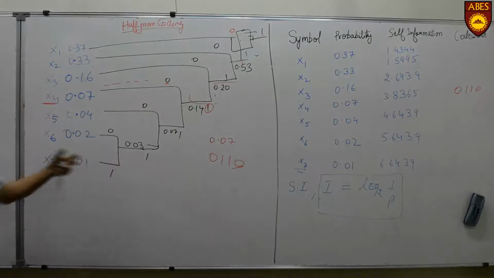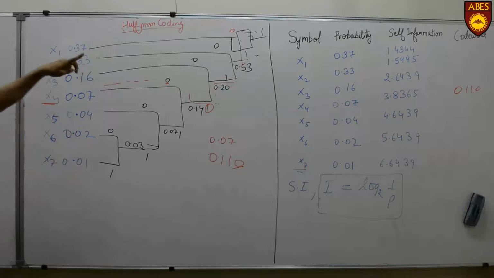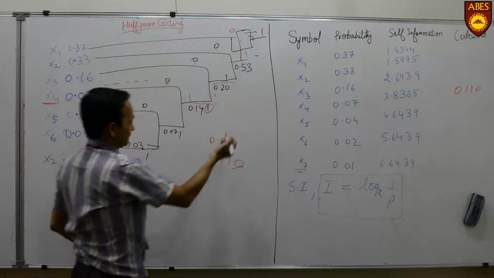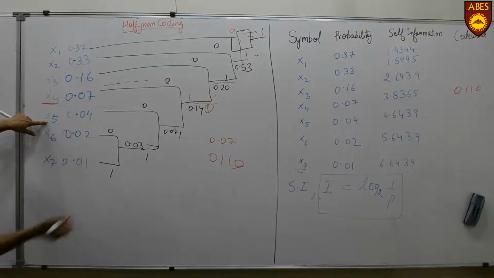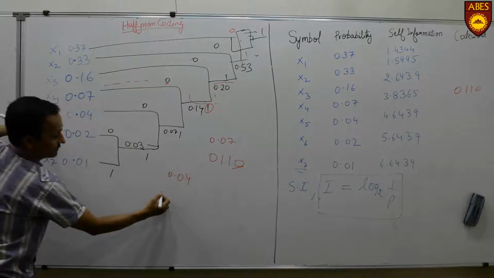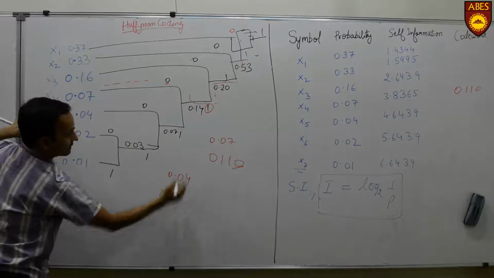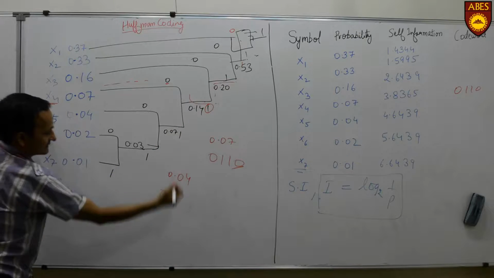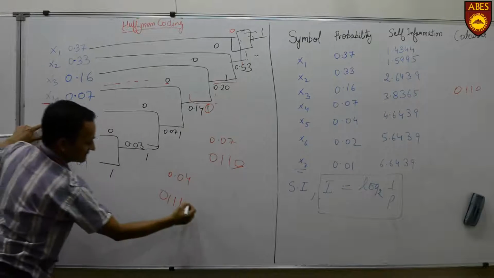Like this, if we have to take 0.04, 0.02, 0.01, we have to start from the rightmost 0. Take for example this 0.04: we start with 0, then 1, this one, then these two ones, then this third one, and finally 0.